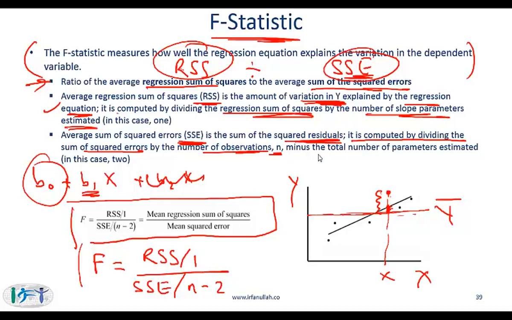The sum of the squared residuals, and what do you divide by? N minus 2. Now I want you to pause this over here and actually read this 2-3 times and absorb these terms. They seem to be a lot, but if you can remember this, it will help you with your questions later.